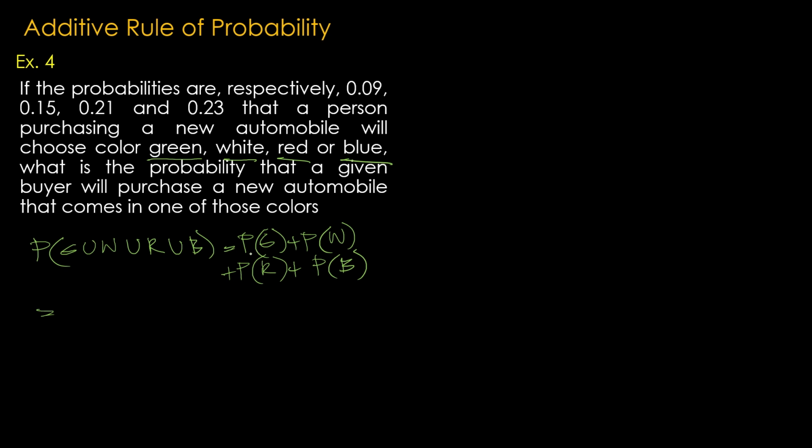Probability of getting a green car, that would be 0.09 plus 0.15 for white plus 0.21 for the red plus 0.23 for the blue. So the probability of the union between green, white, red, and blue is equal to 0.68.